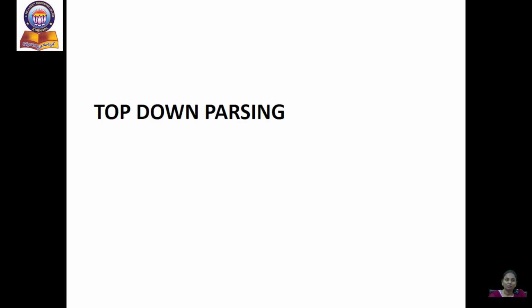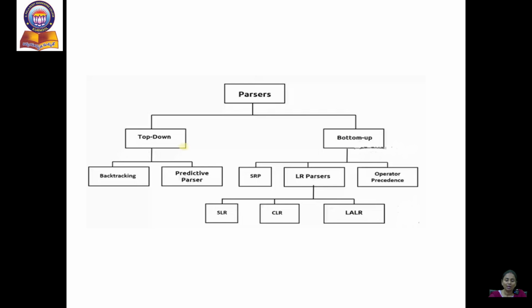Next, top-down parsing. The parsers are of two types. As I explained before, parsers can be constructed using two different techniques, the top-down approach and the bottom-up approach. Top-down parsing is again divided into two types, the backtracking method and the without-backtracking method, which we can call the predictive parser.